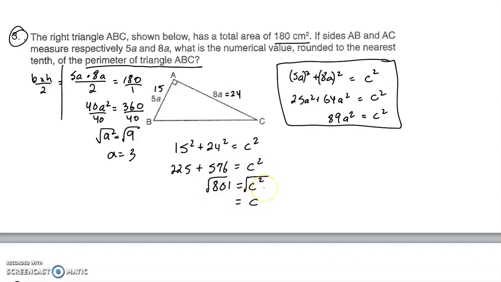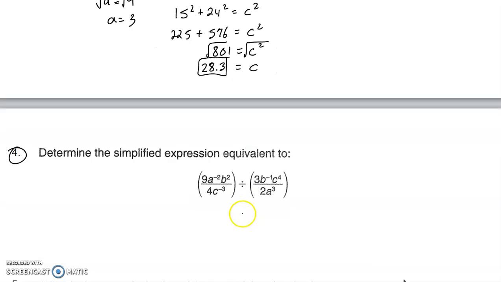And you're going to have to round probably. If you have the 801 in your calculator, you go second square root, second answer. Okay, you hit those buttons, 28.30. So actually 301. So basically, I'm going to stop it at 28.3. And for the perimeter, you're going to add 15 plus 24 plus 28.3. You guys can finish that off on your own.